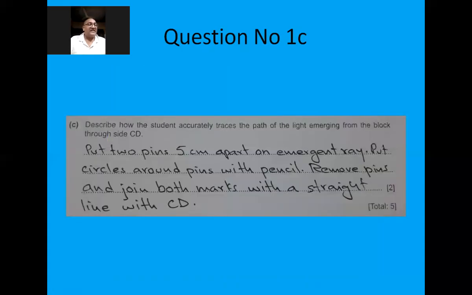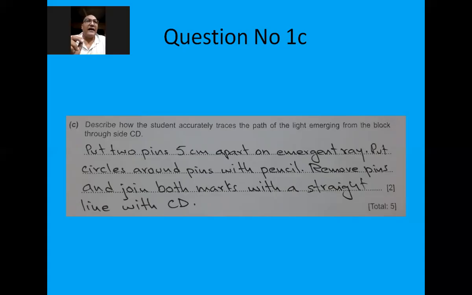Part C says, describe how the student accurately traces the path of the light emerging from the block through side CD. What you will do is, on the ray of light emerging from the face CD on the paper, you will put 2 pins.